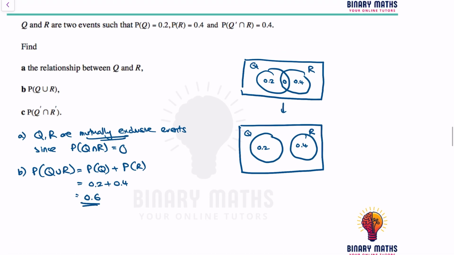And C, probability of not Q intersect not R. All probabilities add up to 1, so 1 minus 0.2 minus 0.4 is equal to 0.4. So the outside is 0.4, which is not Q and not R. So it is equal to 0.4.